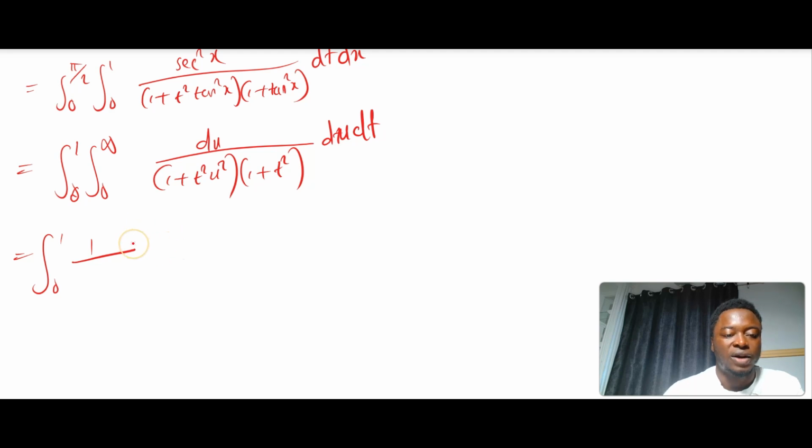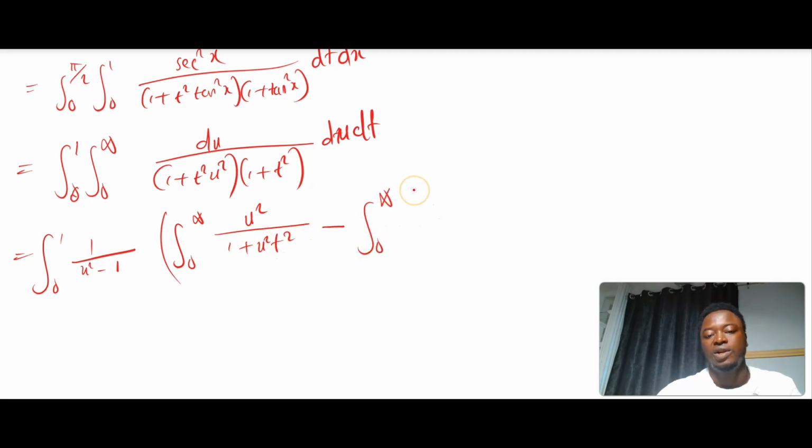If you do partial fractions, you have to write this as 1 over t squared minus 1 times the integral from 0 to infinity of u squared all divided by 1 plus u squared t squared minus the integral from 0 to infinity of 1 over 1 plus u squared. So this is what you will get if you do partial fractions, and you have du over here.